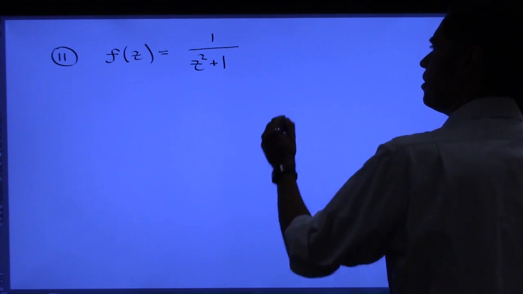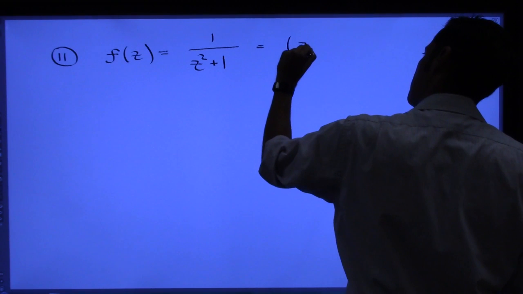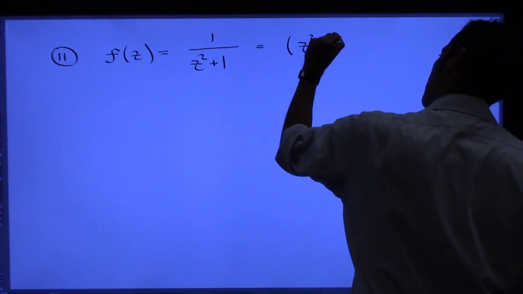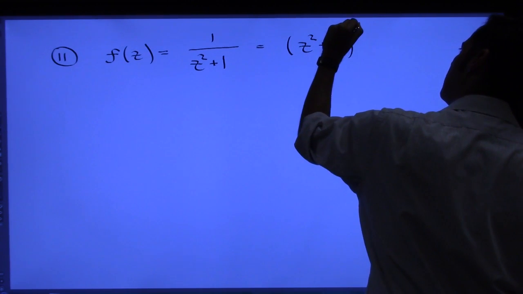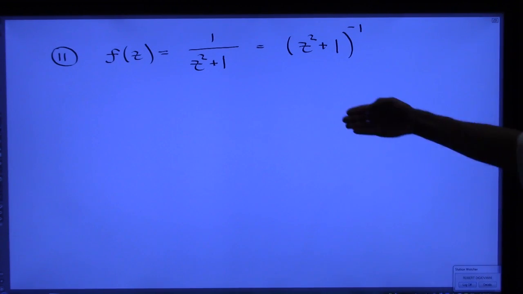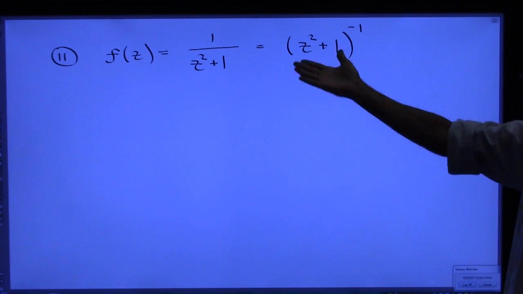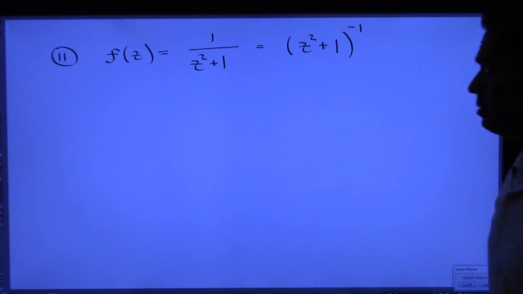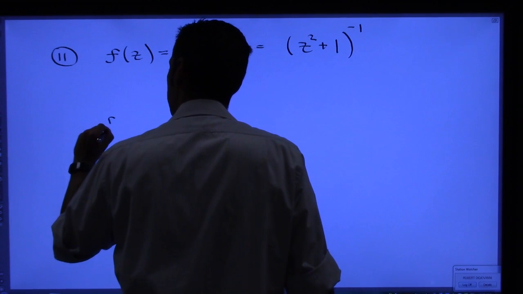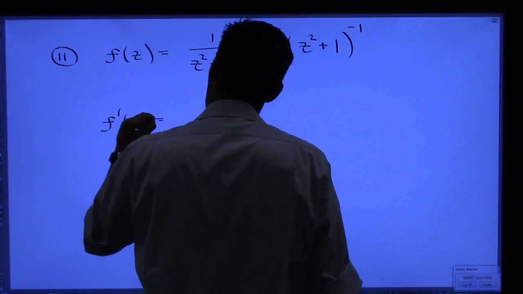However, I would like us to realize that this is really (z squared plus 1) to the negative 1, right? That's what that is. Just bring the whole thing up, put a negative exponent on it. That means drop it down, so it's the same expression. So now if I go to take the derivative, I'm going to start doing these faster now with the shortcut.